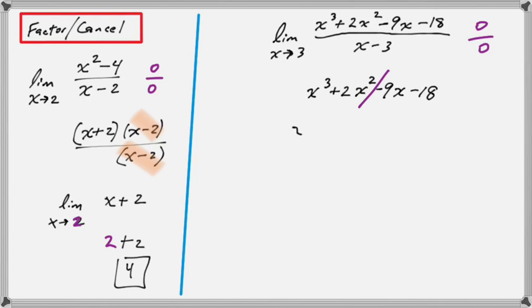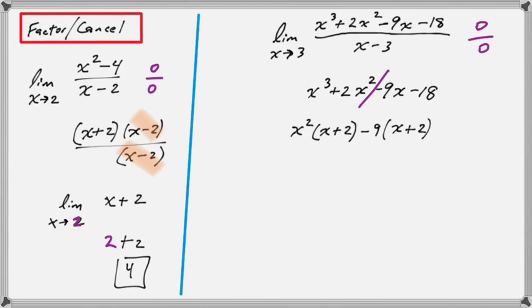Can I take an x squared out of both of the first two? If I take an x squared, that leaves me an x plus 2. Can I take a negative 9 out of the second ones? That also leaves me x plus 2. Please notice that if I distribute, it would match what's up here, right?